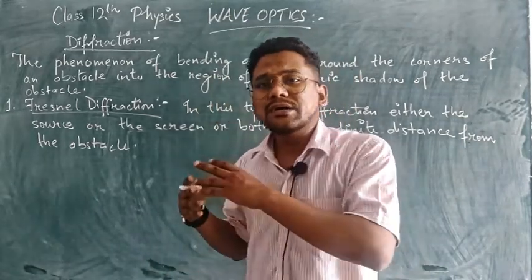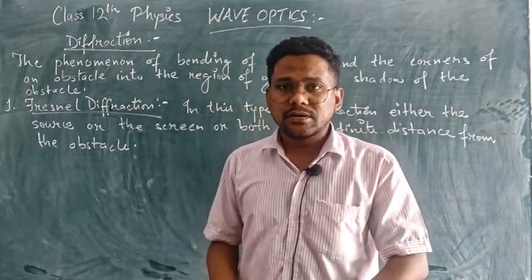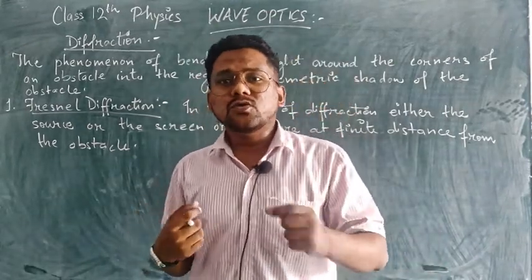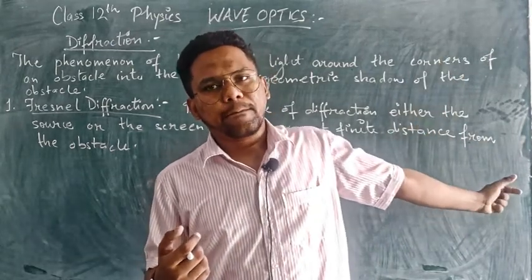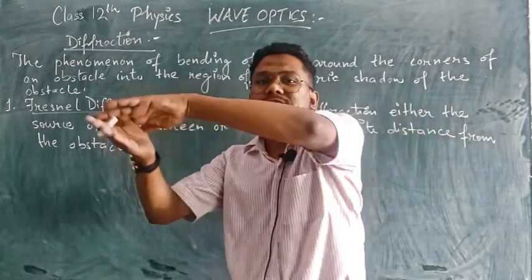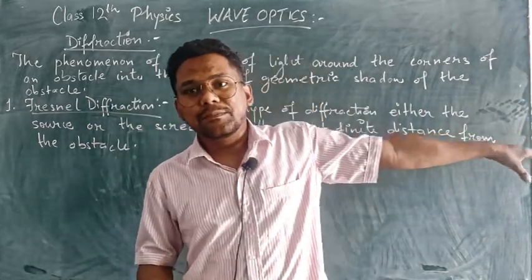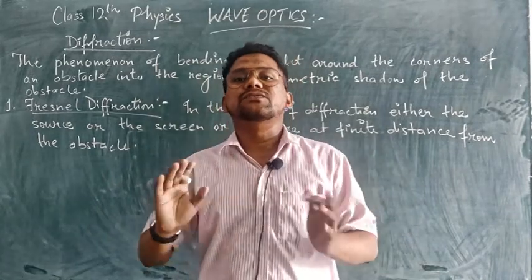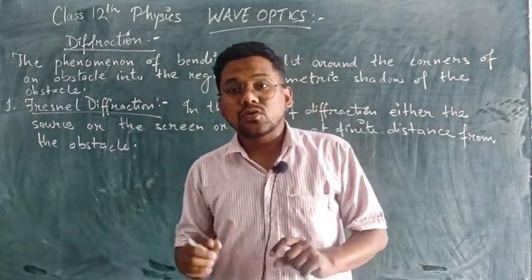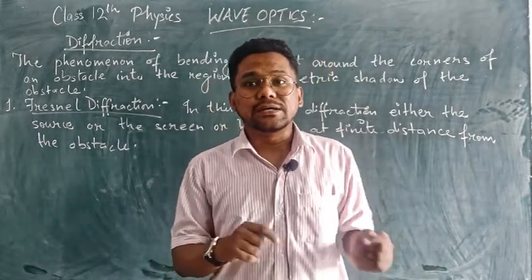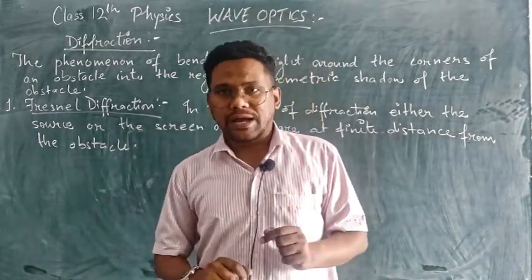How do we find the image? So basically what we do, we use a convex lens to converge the light, and then it meets at some point and we see that it is having diffraction. So we use a convex lens to find the diffraction pattern in Fraunhofer diffraction.